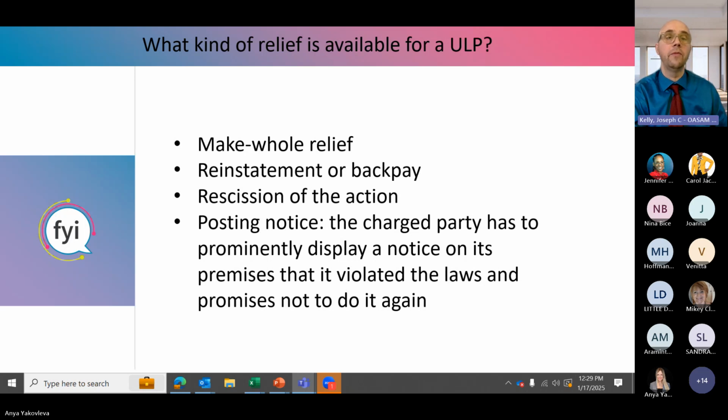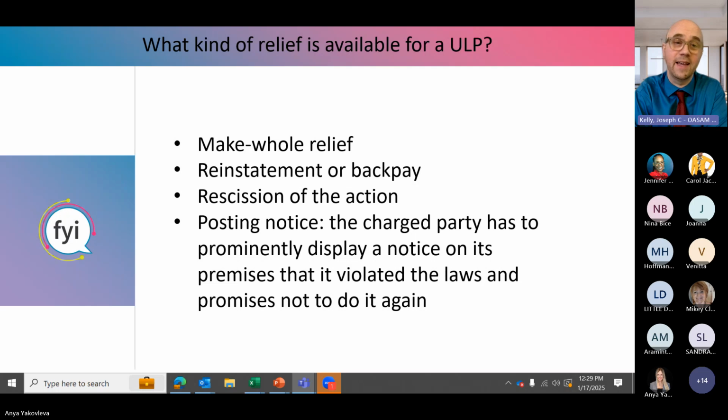The remedy or relief that agencies hate the most is sort of the most innocuous one, and it's the posting notice. This one doesn't cost any money to the agency the way a back pay award might. It's just that the FLRA orders the offending party to prominently display a notice on its premises and online that it violated the law, and the agency promises not to do it again.